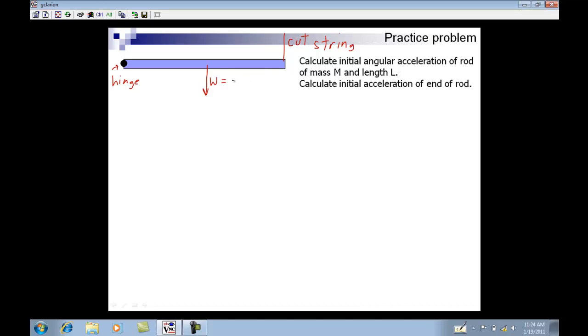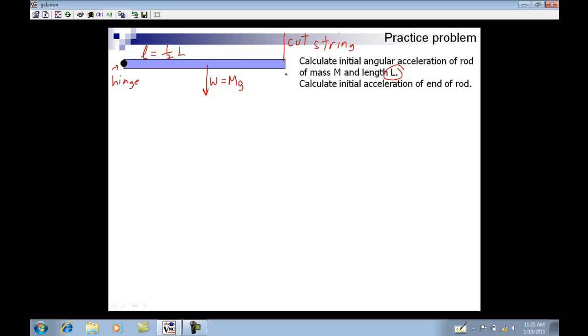It would be equal to m times g. And relative to the lever arm for that, what value is it? If the whole thing is L, what will its lever arm be? Yeah, its lever arm, l, will be equal to 1/2 of big L, because remember we said the entire length of it would be L. It says calculate the initial acceleration of the end of the rod.